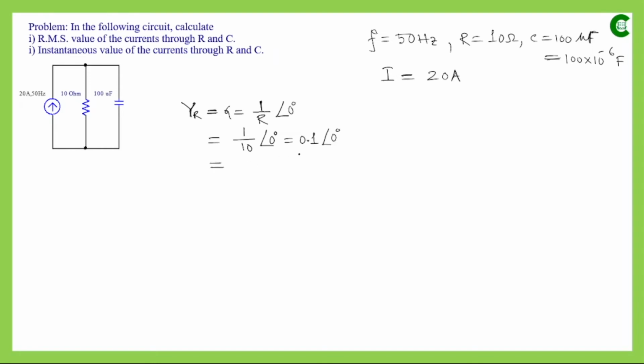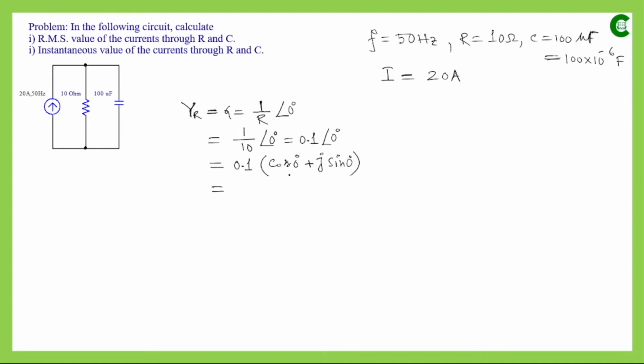Now this is polar format. If we represent that in rectangular format, then it will be R, that is 0.1, and within brackets we write cos theta, meaning cos 0, plus j sin theta, meaning j sin 0 degrees. So R cos theta plus j R sin theta means x plus j y.